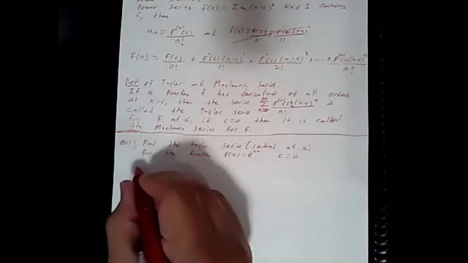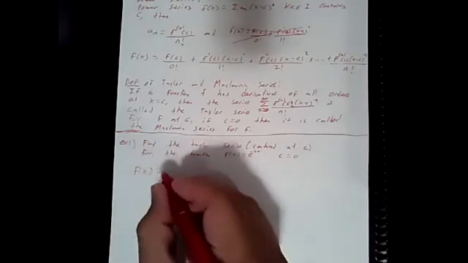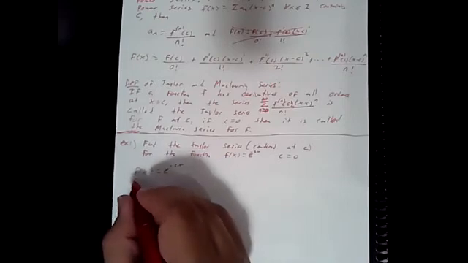So what you gotta do is take a bunch of derivatives and figure out what the pattern is, right? So here we go. f is e to the negative 2x. First derivative. What will be the first derivative?